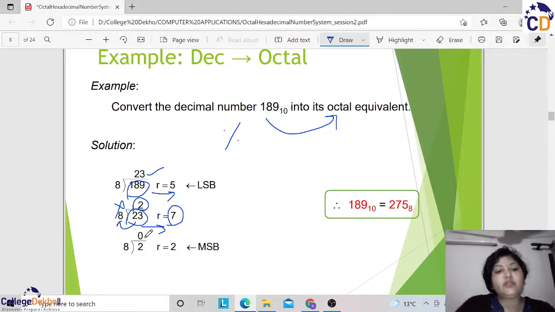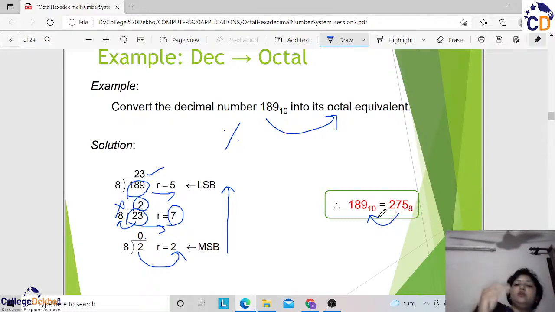Here you will get 0 point something. So what you do is directly take it as the MSB, because division is not possible now. So this is the most significant bit, right? And again the same process, 275. This would be your octal representation for the decimal number 189.